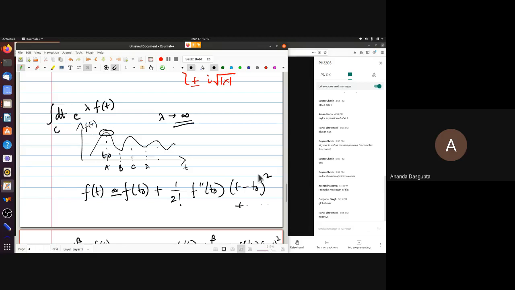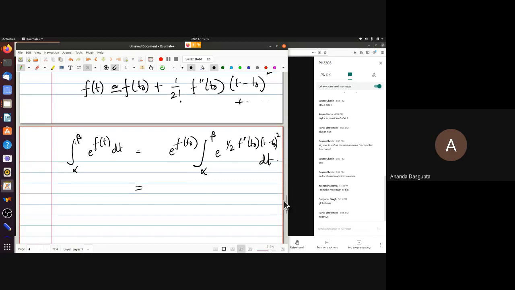Okay, so since the contribution only comes from close to the peak, you only need small values of t minus t0 to worry about. But now that you have this, the idea is that I am actually integrating from alpha to beta, and the peak is somewhere here at t0.